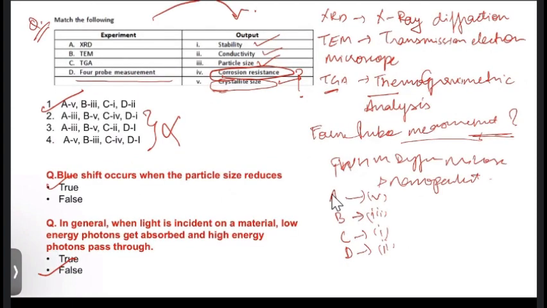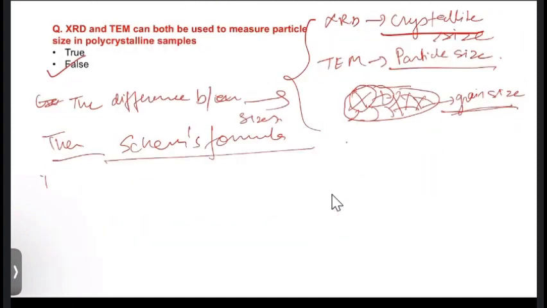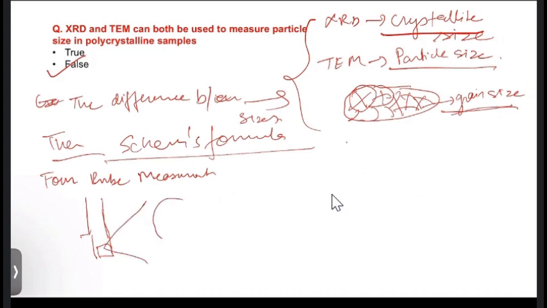So I have to tell you what a four-probe measurement is. We have a resistive setup. It's a tubular-like structure, and here we put our sample. I'm giving you the zoomed version.